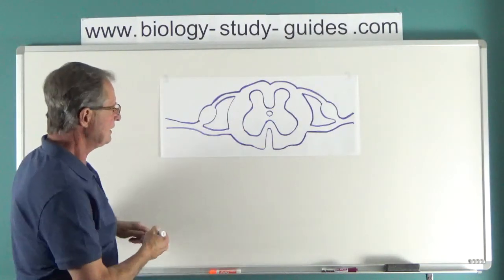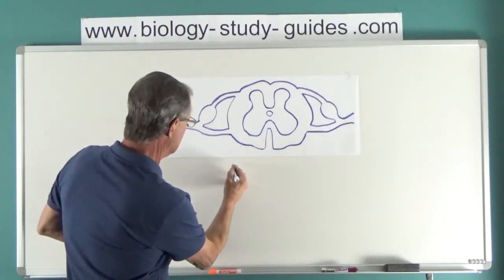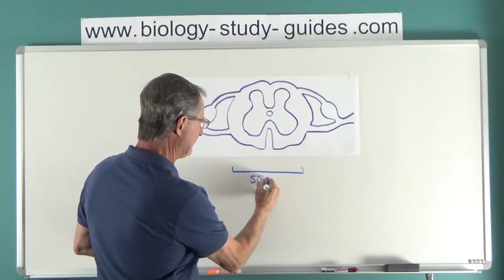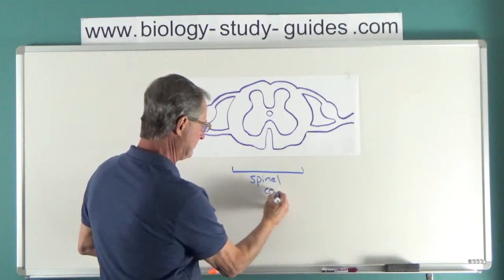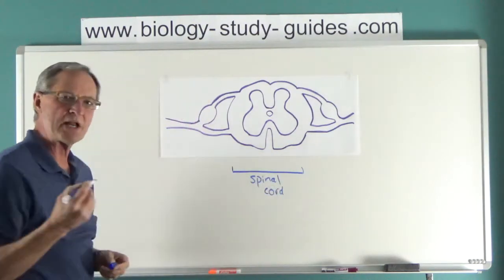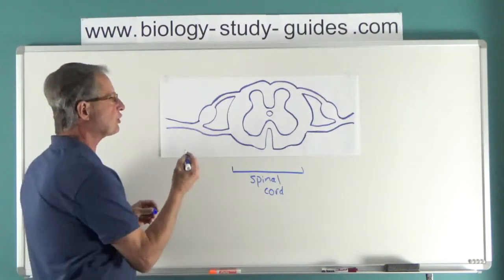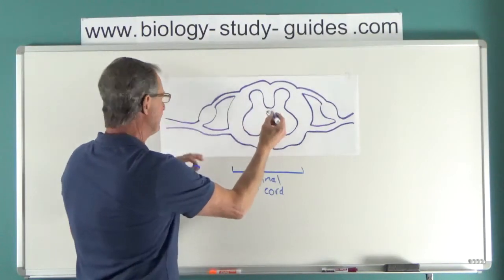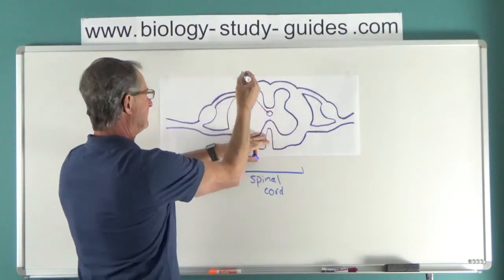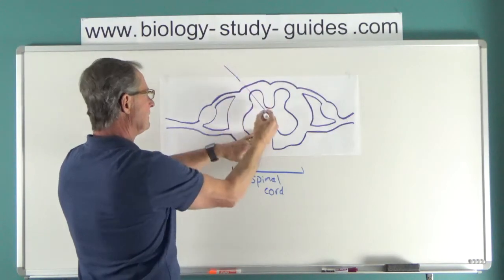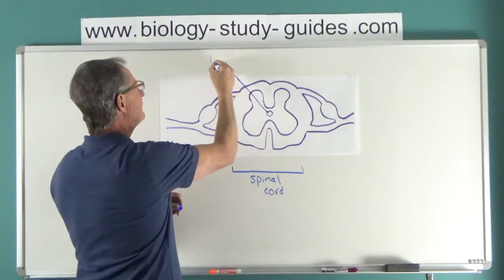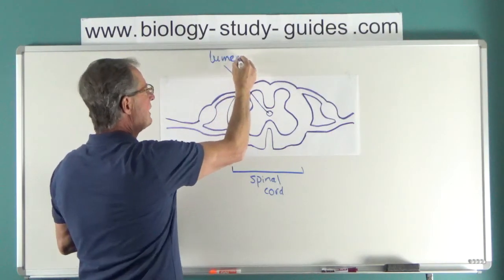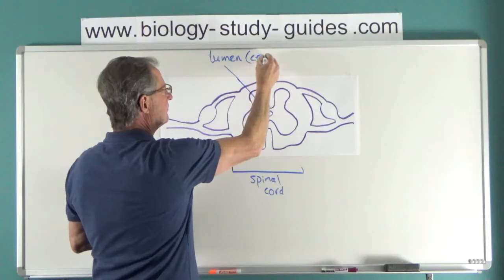This here is the spinal cord. Several times now I've mentioned the lumen of the spinal cord has a fluid in it. The fluid's continuous to the brain, and that's what this is right here. That's the lumen of the spinal cord, and it has cerebral spinal fluid in it.